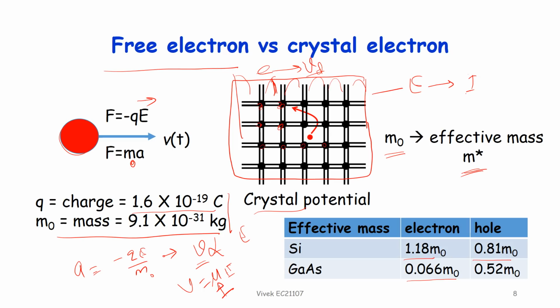So that means mobility in gallium arsenide will be much more compared to silicon, and the hole is 0.52 m naught. So this is the difference between a free electron and the electron in the crystal, because in a crystal the electron experiences periodic potential, and that affects its mobility to respond to the external electric field.